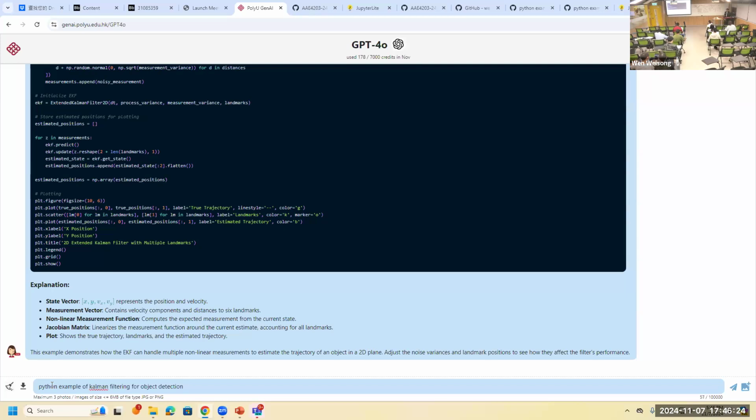Also, for example in the final presentation, if you read some papers related to Kalman filtering, you can provide an example. You can ask ChatGPT to provide example code for a Kalman filter to fuse GPS and IMU. You can change it and provide some results to let us know what you get from the Kalman filtering.